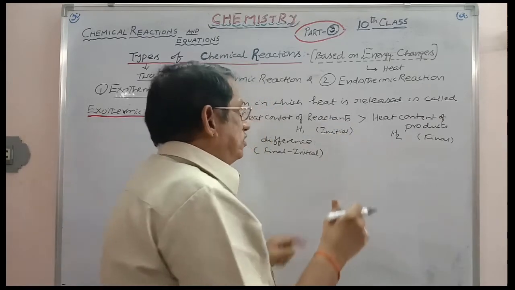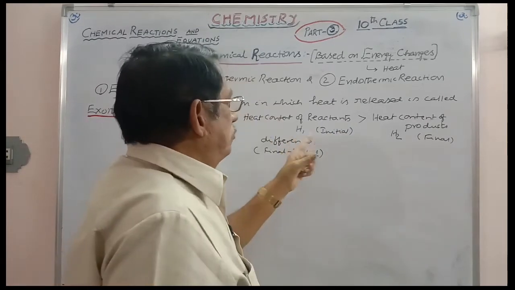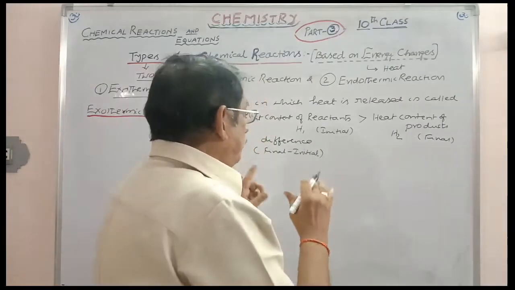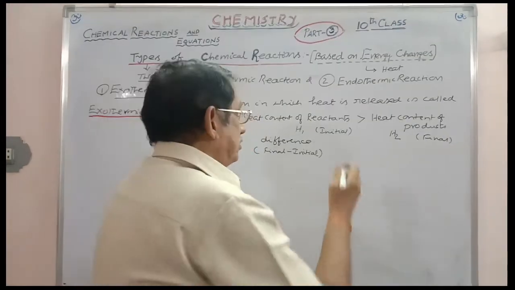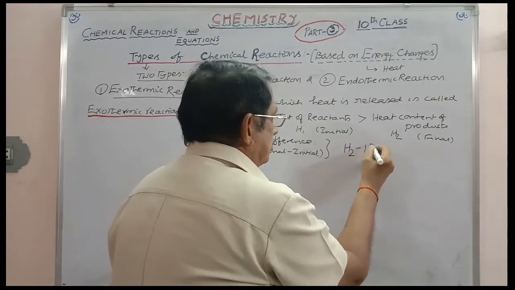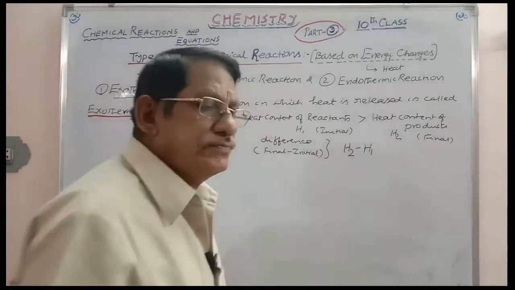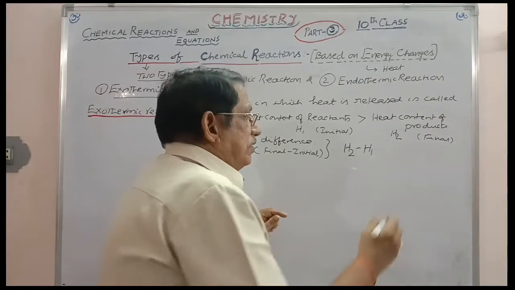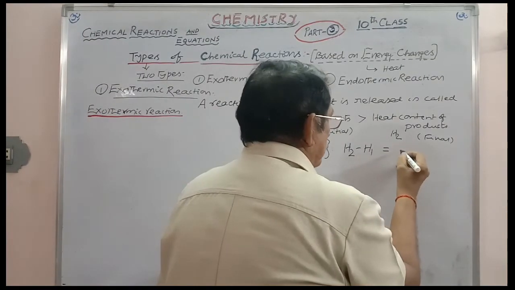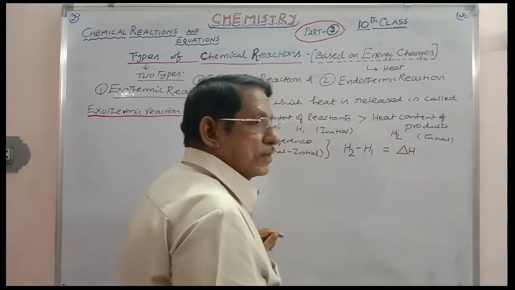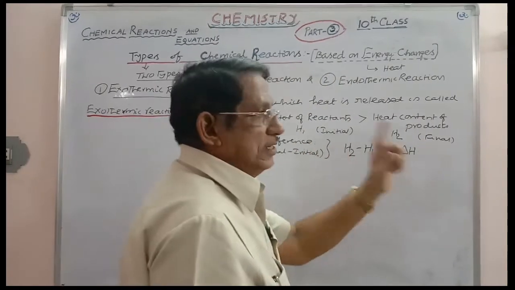How much amount is there initially? H1 is here greater than H2, don't forget. So here if you want to find the difference, that is H2 minus H1. This is equal to delta H.